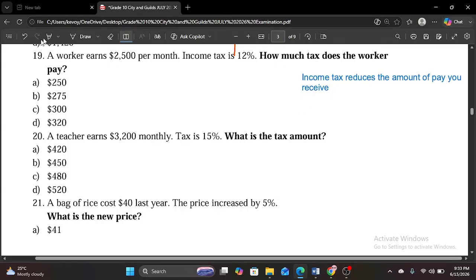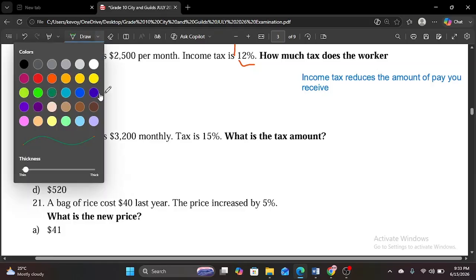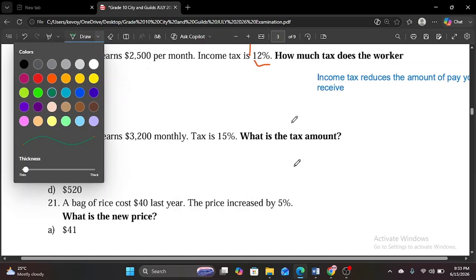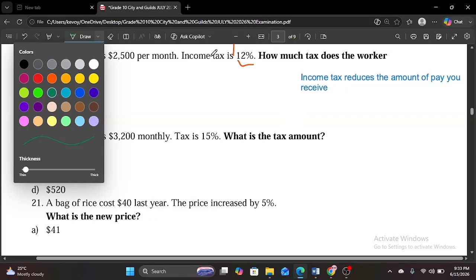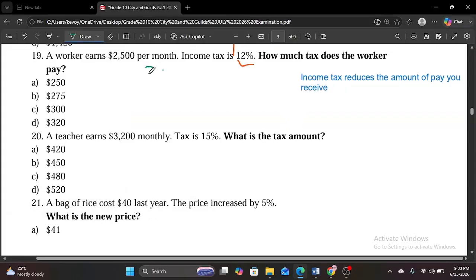So we need to find what is our income tax right there. So it's just gonna be 12% of the pay. So we're just gonna find the percentage right there. So just gonna multiply. So that's gonna be 2,500 times 12%. That's gonna be 12 over 100.